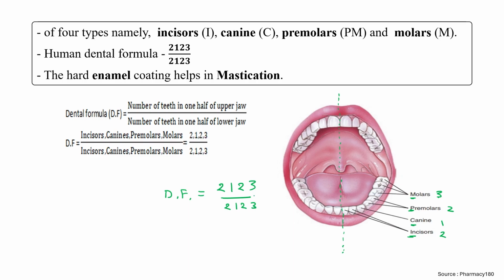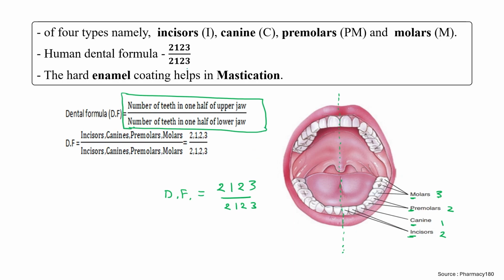This is the total formula with the help of which we can calculate the total number of teeth present in one individual species, human, or any kind of mammal. It is the number of teeth in one half of the upper jaw divided by the number of teeth in one half of the lower jaw. With the help of this formula, we can calculate the total number of teeth present in our oral cavity.